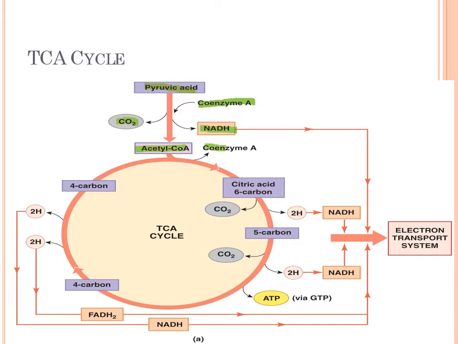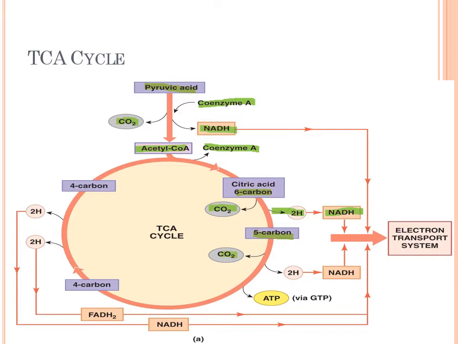Then the acetyl-CoA enters the citric acid cycle. It releases its coenzyme A and is a 6-carbon citric acid. That's the first molecule that gets formed. That gets decarboxylated and releases 2 hydrogen ions, which then go and form 2 NADH. Now we're down to a 5-carbon molecule.